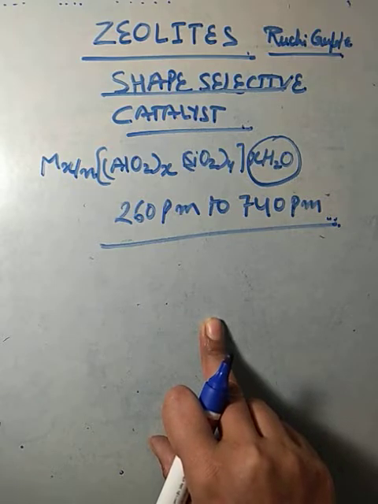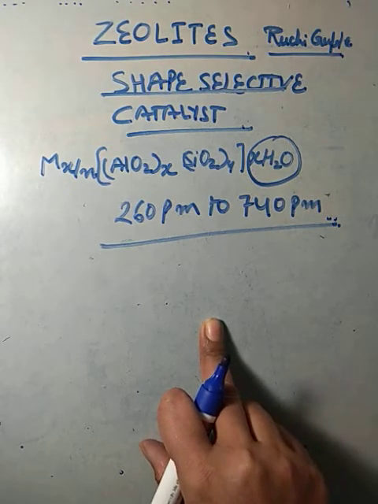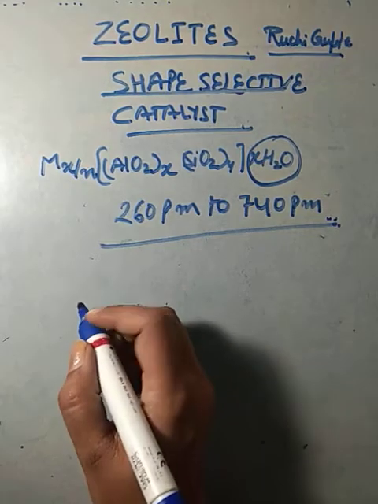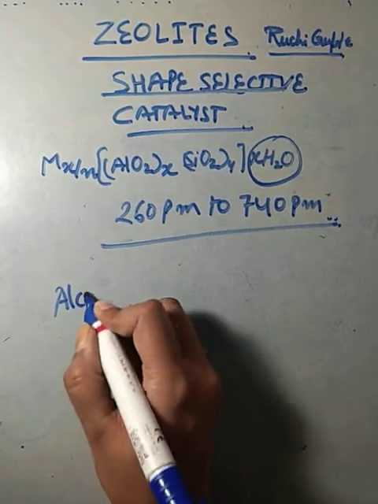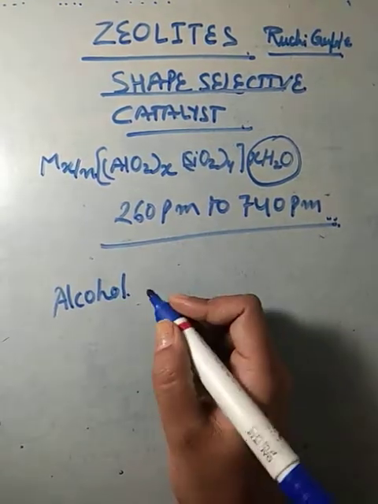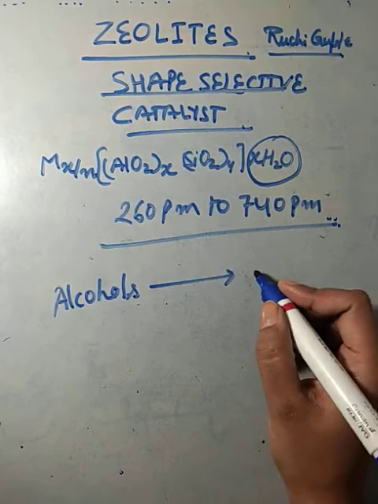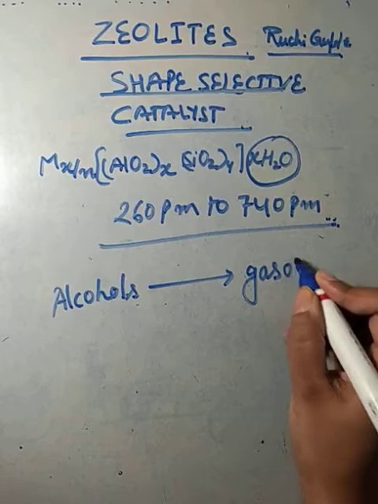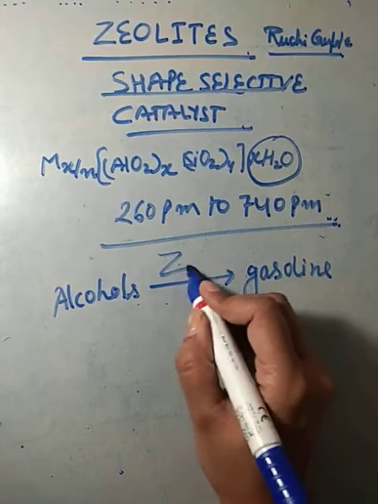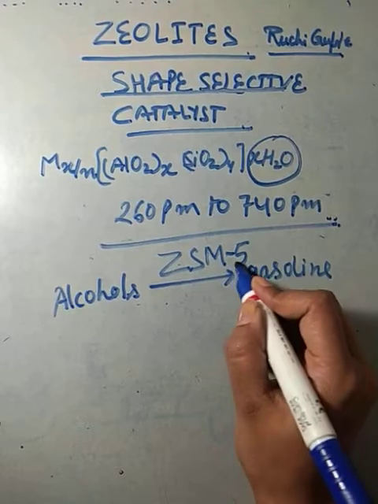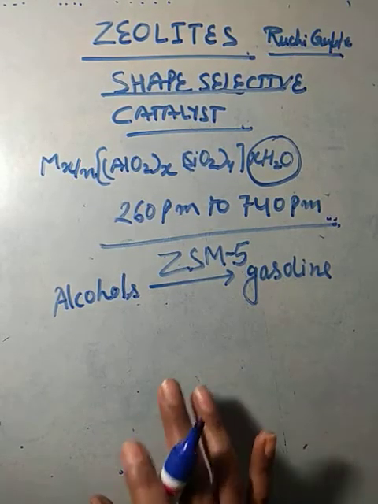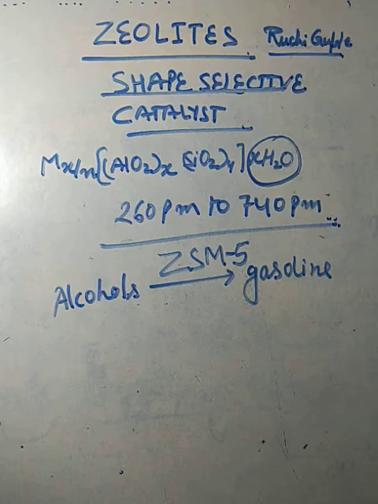These are used directly to convert alcohol to gasoline, and the example is ZSM5. ZSM5 is a sodium zeolite which is used to convert alcohols to hydrocarbons or alcohols to gasoline. So this is one of the types of catalyst called shape selective catalyst, because the working of zeolite is based on the shape and the size of the substrate.